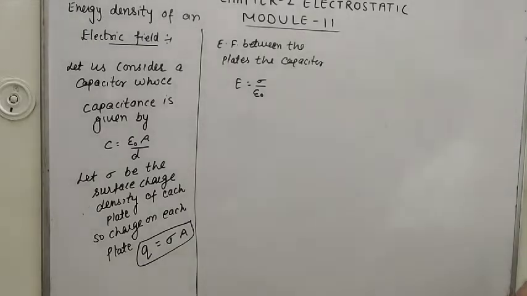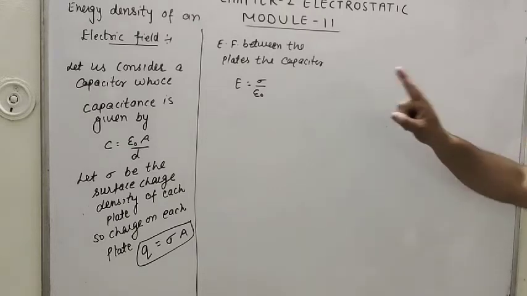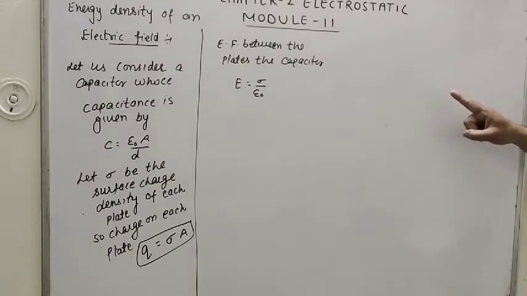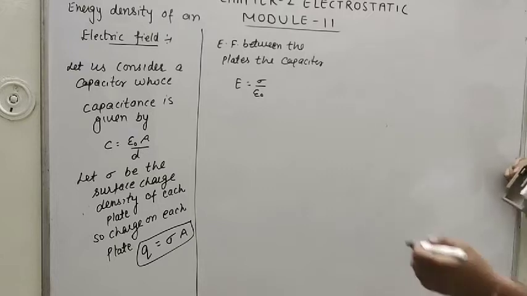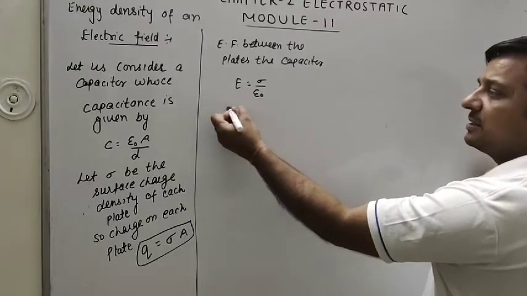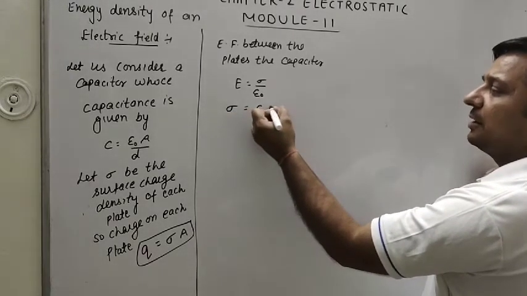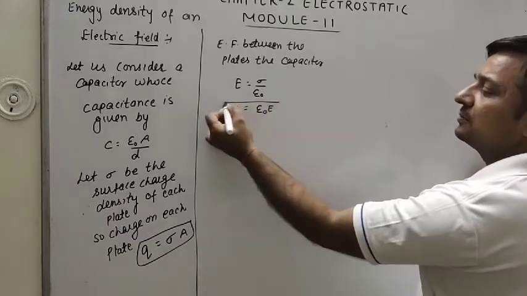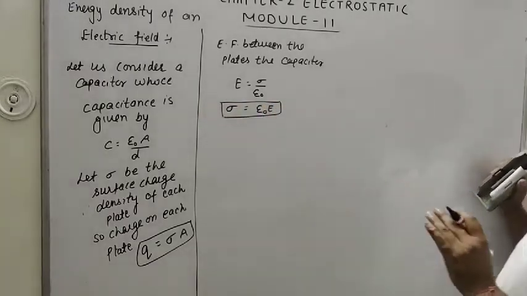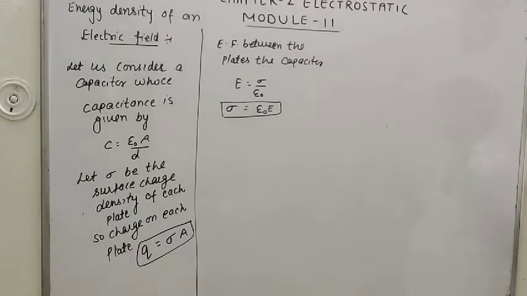Epsilon naught, do you know what is epsilon naught? It is the absolute permittivity of free space, which affects the medium. Or from here you can write sigma is equal to epsilon naught into E. So we have put out the value of this one now.